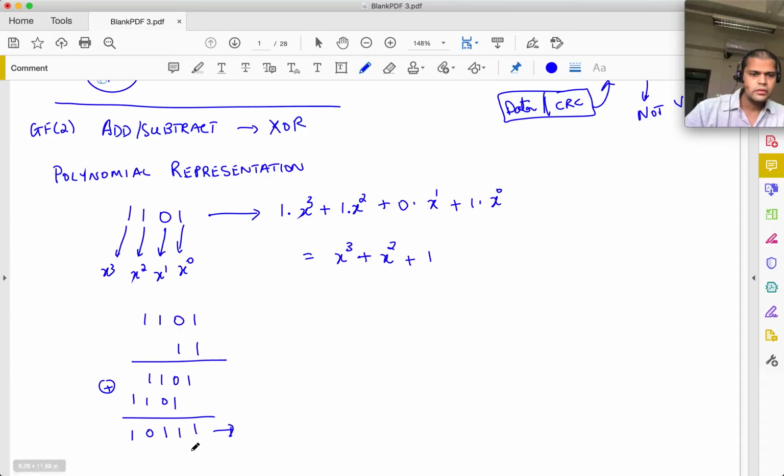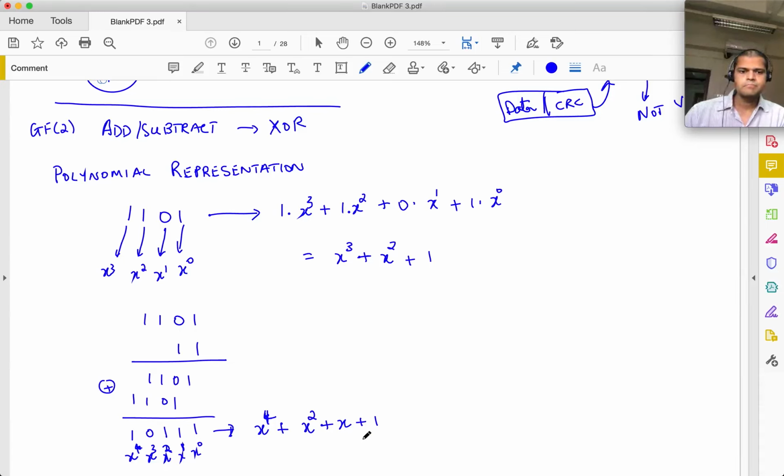And what is this equal to? Well, if you think of this as being x to the power of 0, x to the power of 1 and so on, x square, x cube, x to the power of 4, what this corresponds to is x to the power of 4 plus x square plus x plus 1.